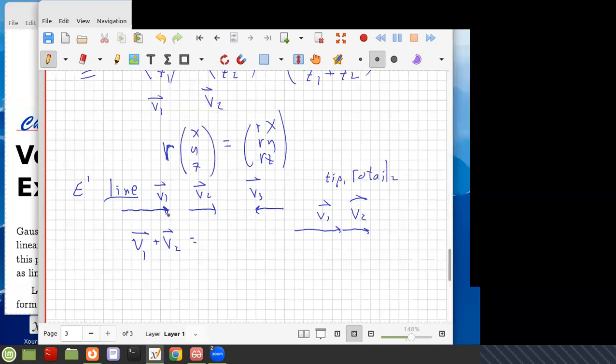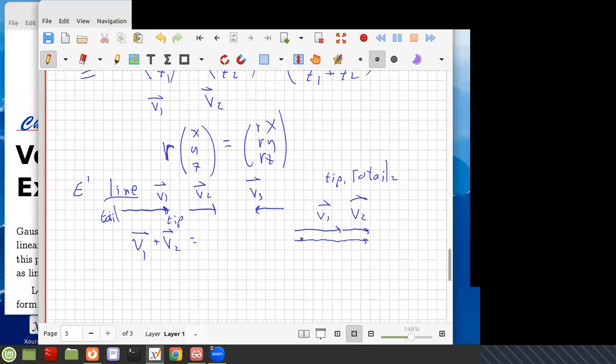So this is the tip, and this is the tail, where the feathers would be if this was a physical arrow. And so you put it this way, and you define the sum as the arrow that starts from the tail here and goes to the tip here.